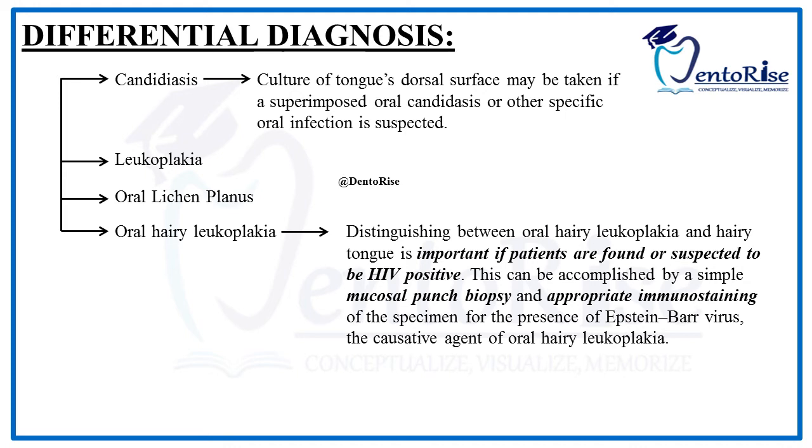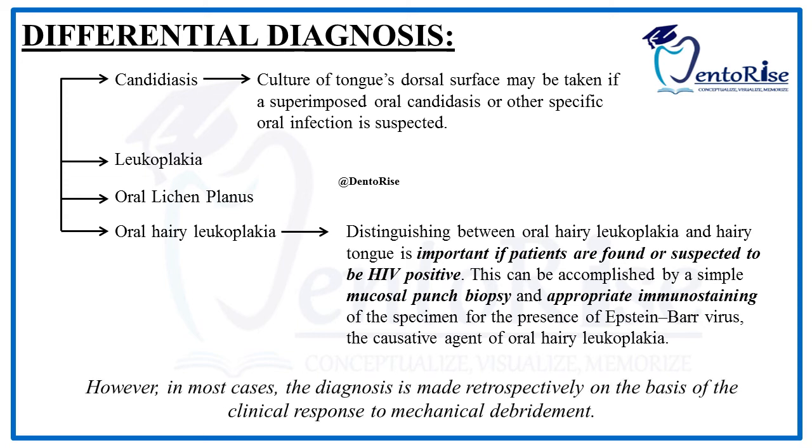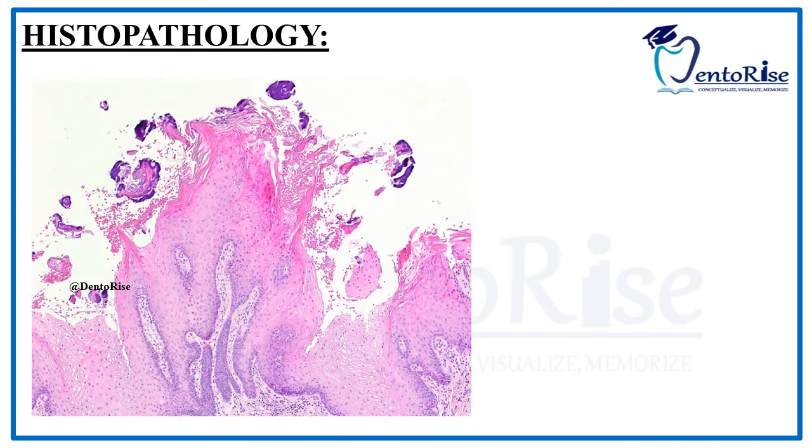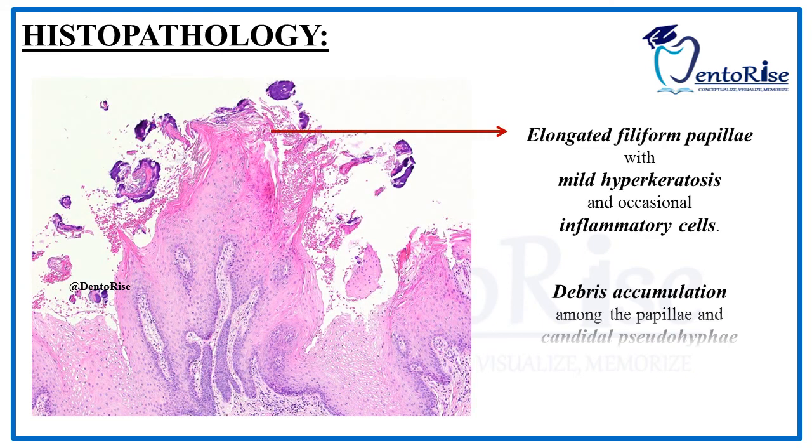This can be accomplished by a simple mucosal punch biopsy and appropriate immunostaining of the specimen for the presence of Epstein-Barr virus, the causative agent of oral hairy leukoplakia. However, in most cases, the diagnosis is made retrospectively on the basis of clinical response to mechanical debridement.